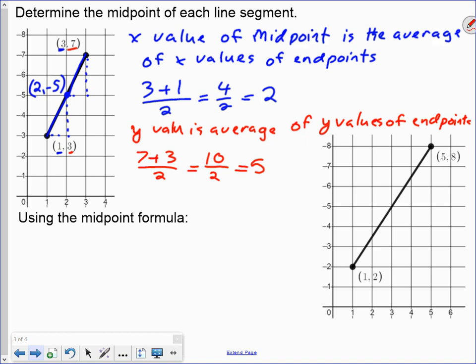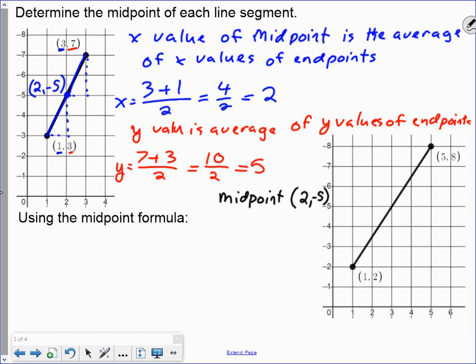So putting these two things together, this gives us our y, this gives us our x. We put them together and we get our midpoint 2, negative 5. So we could say M, midpoint, 2, negative 5.